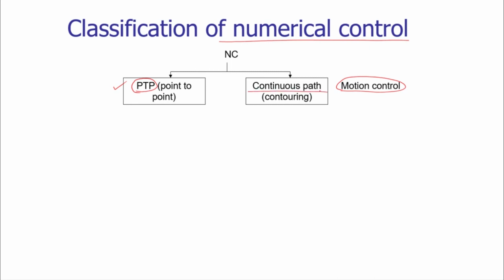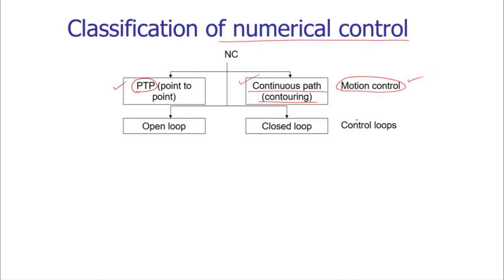When we are trying to have the contouring operations, and when we are trying to manufacture the complex surfaces or contouring or the machining operations, in that case we need to bother about the continuous path that is being followed by the cutting tool.